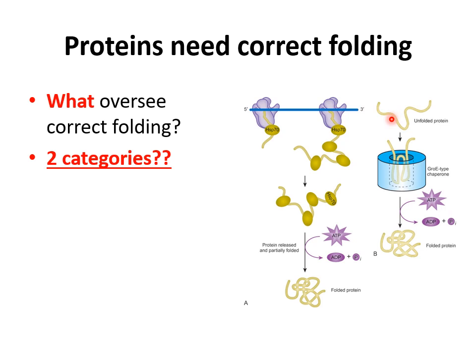Chaperones such as the GroE type will provide a sequestered environment for that protein to naturally fold on its own without any other proteins coming along and trying to interact with it. So it gives it a chance to refold properly.